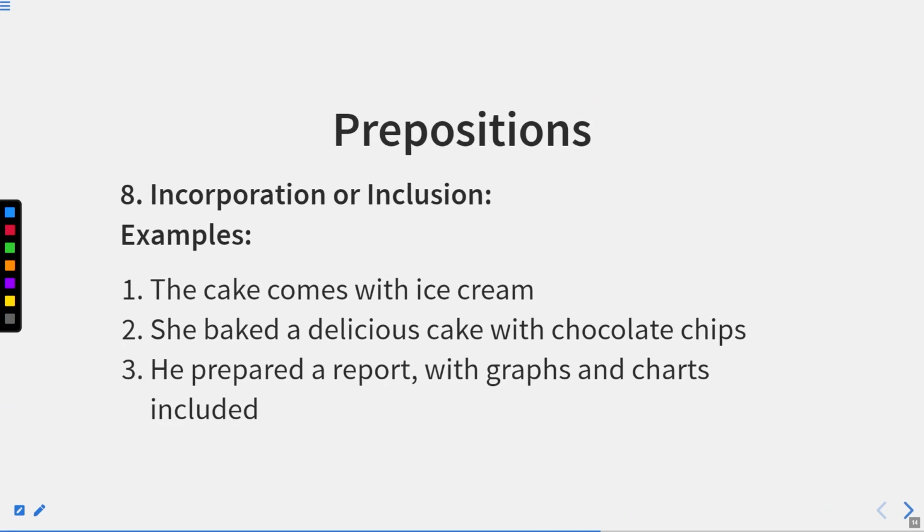Incorporation or inclusion. Incorporation means when something is merged into another. Inclusion means when something includes another thing. For example, there is a group and it includes all the members who belong to company A. Suppose there is a Venn diagram.